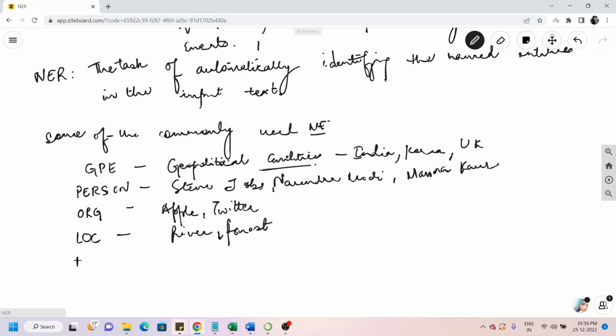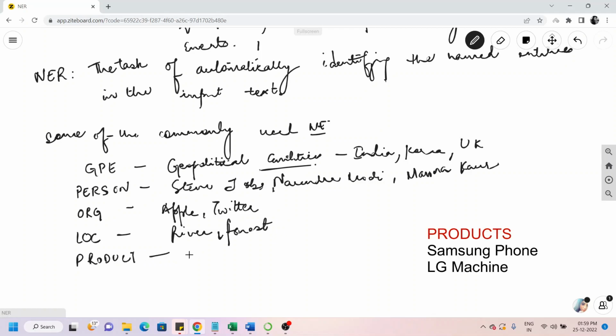We have products, like Samsung, LG, any Indian brand, say Amul. Amul is an organization or product. Amul butter, we say butter, the product.